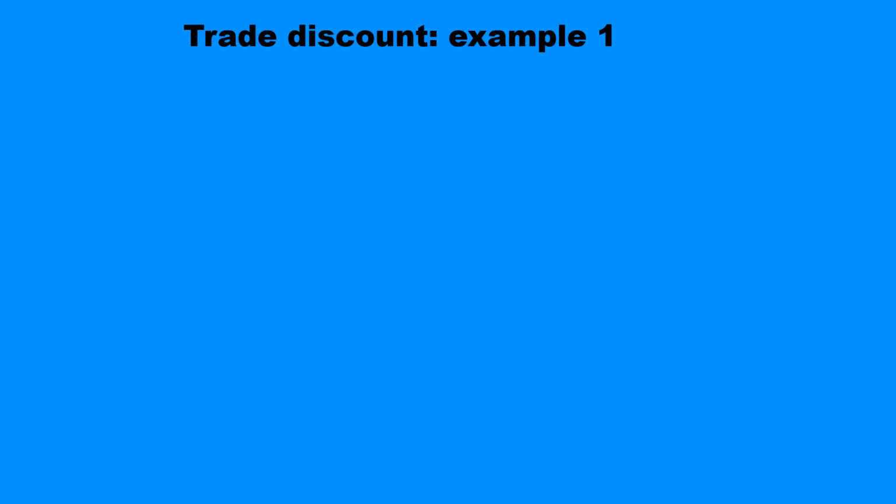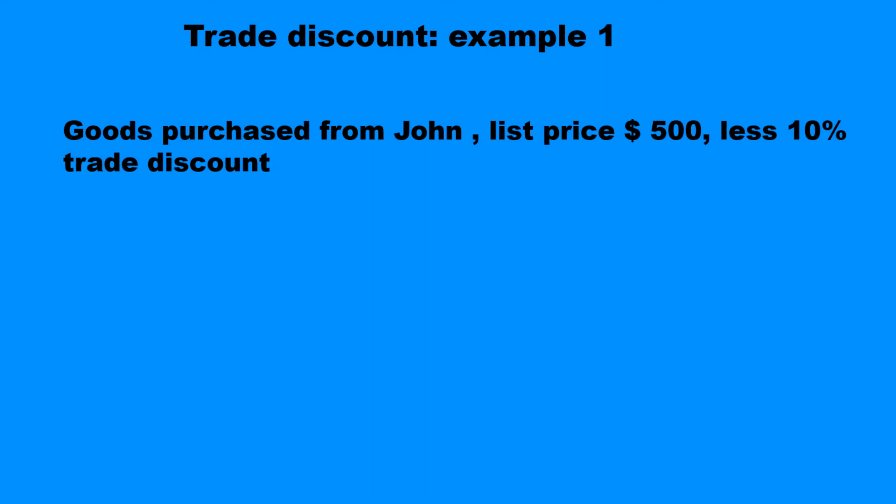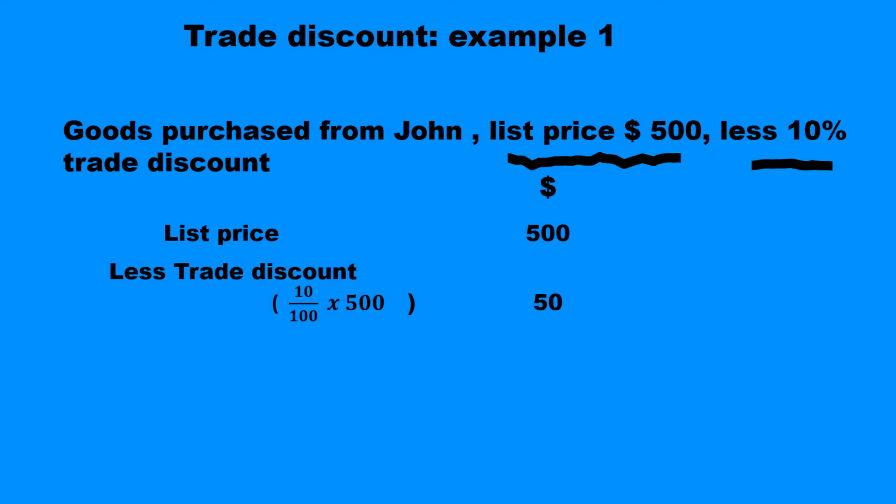Let us look at one example involving trade discount. Goods purchased from John, list price 500 less 10% trade discount. So here we can see the list price is 500 and the trade discount is 10%, which implies if we take the list price 500, we deduct the trade discount of 10%, which is 50.